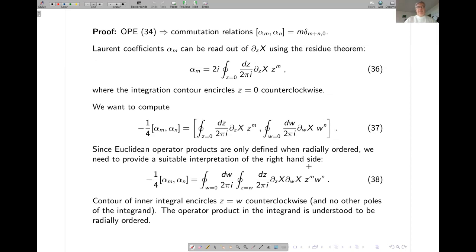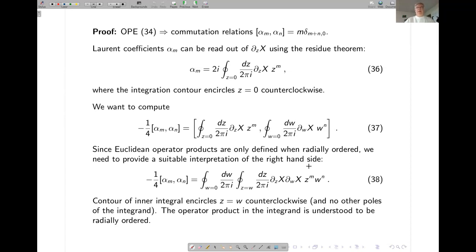Now, the operators that we consider are formal series in variables z and 1 over z with some operators as coefficients. At that level, there's no meaningful way to talk about convergence. It's a more formal object.